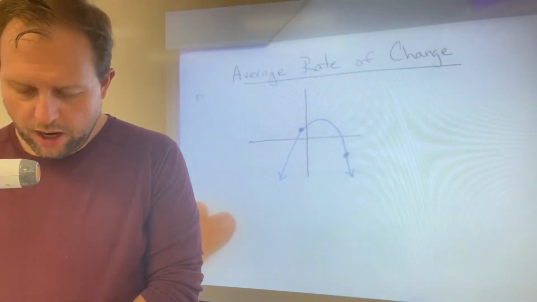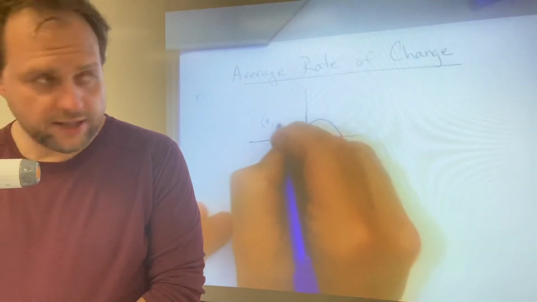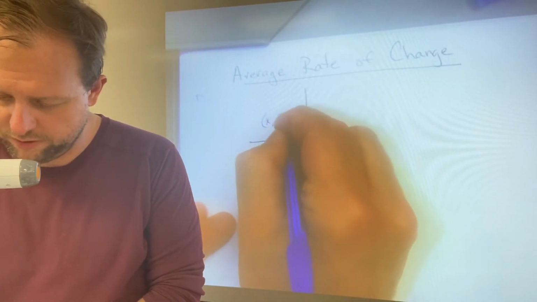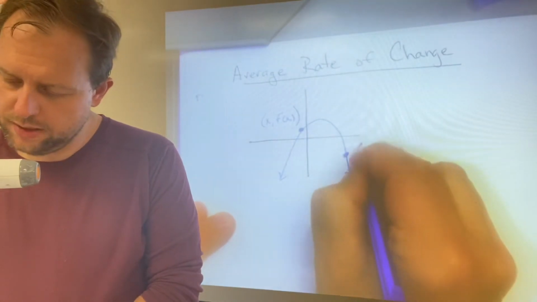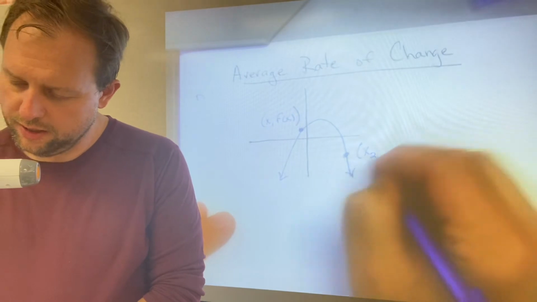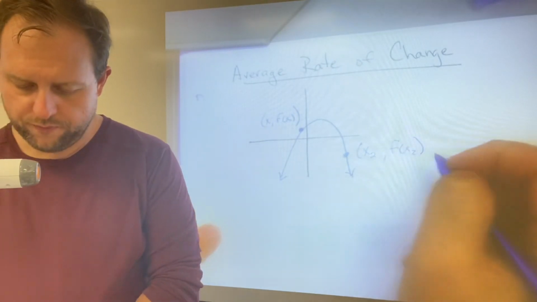Okay? Our first point here is x1, and the value of that point for the y value would be f of x1. The second point, x2, and its output value, f of x2.